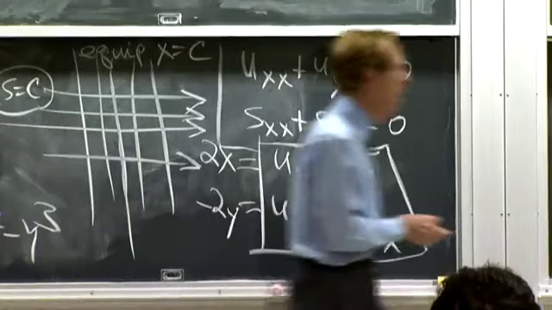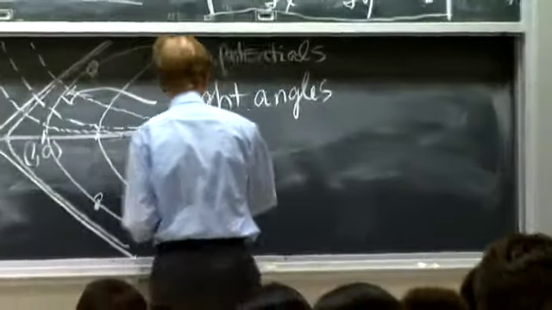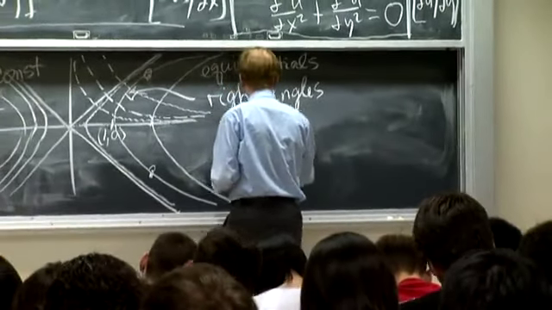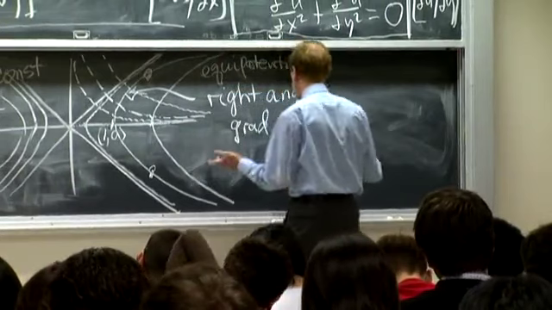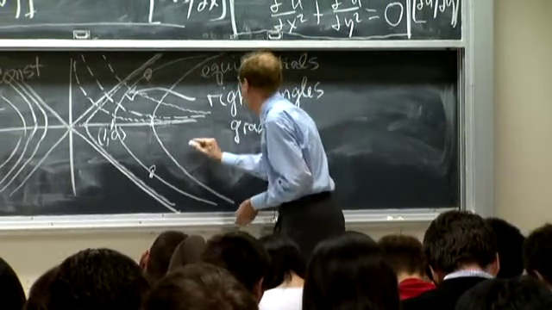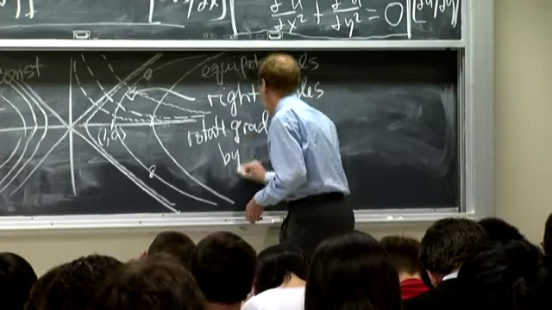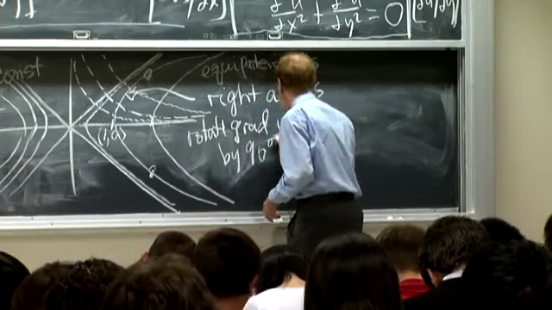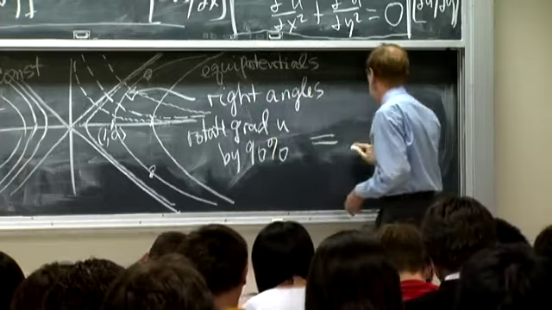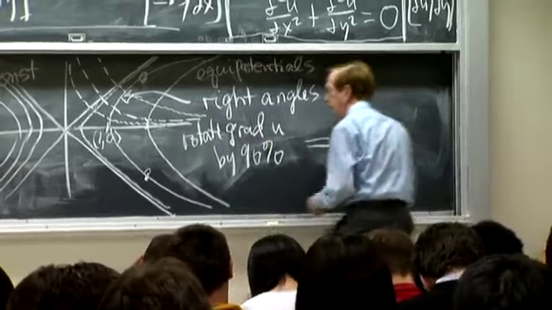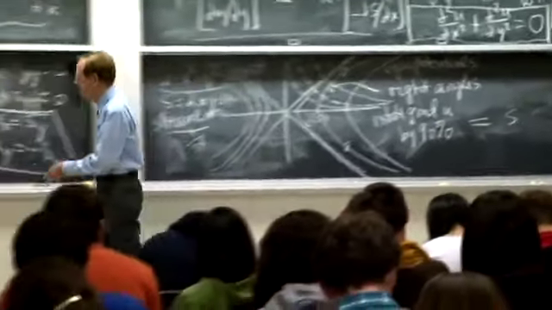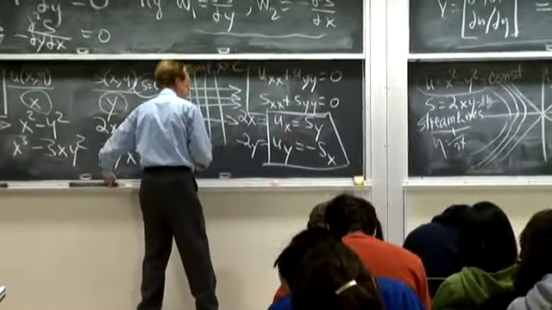Let me put it that way. The gradient of s, the gradient of u: rotate the gradient of u by 90 degrees, pi over 2, and you get grad s. That's what these equations say.